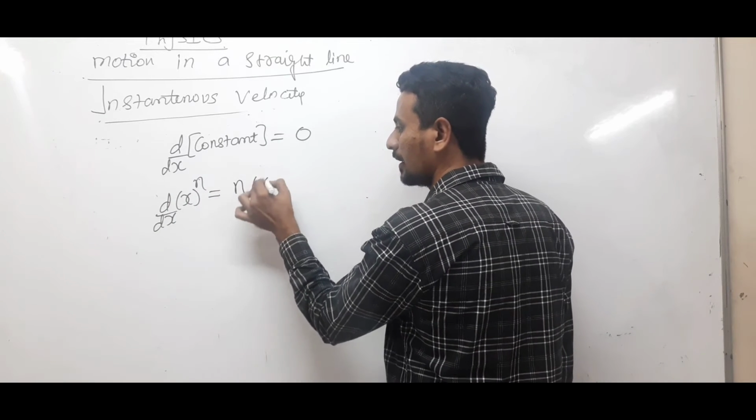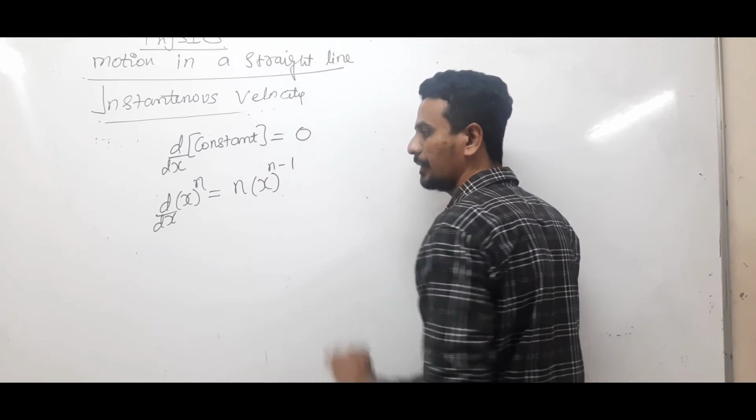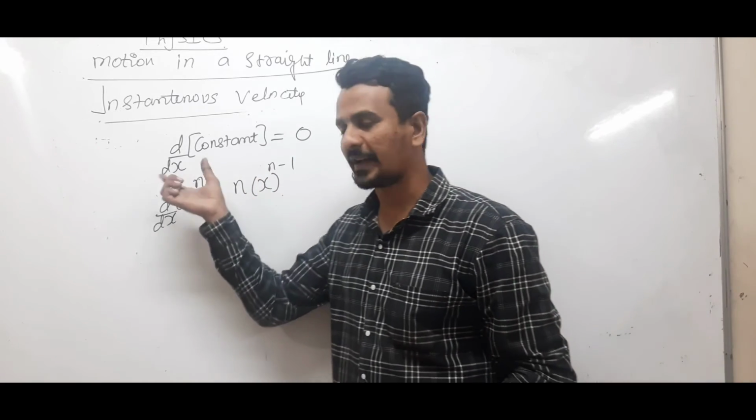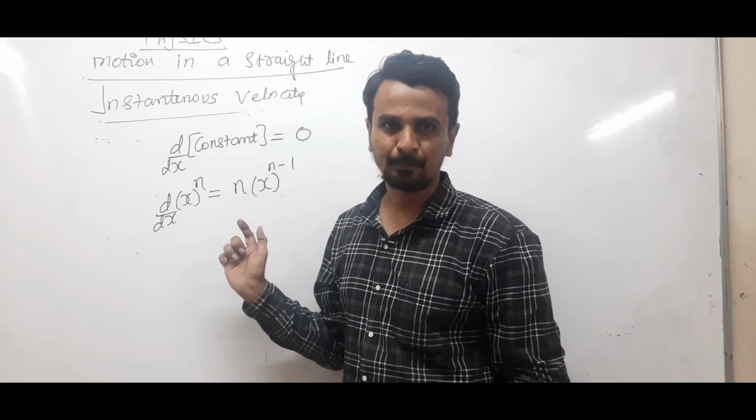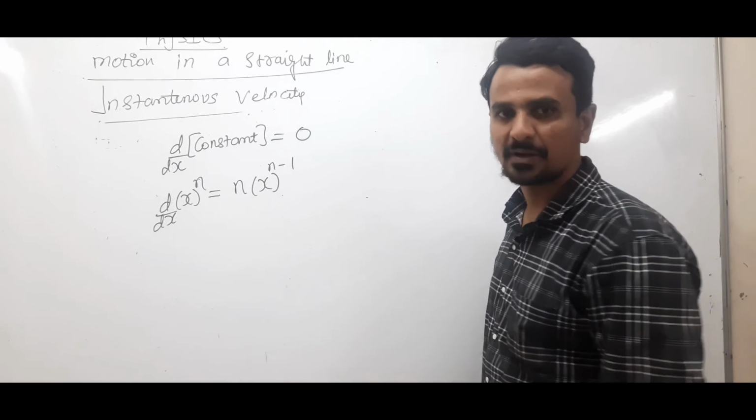So d by dx of x raised to n is n times x raised to n minus 1.